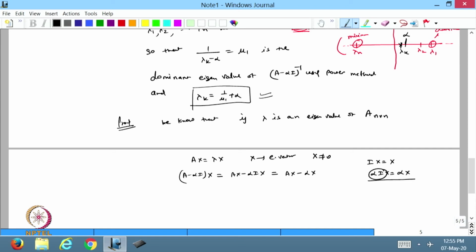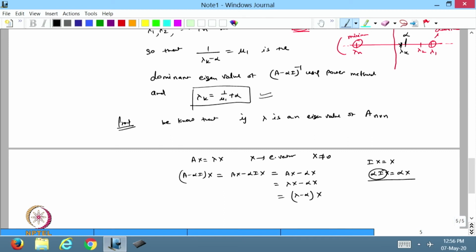The constant matrix alpha I has the eigenvalue alpha. So, I can write A x is equal to lambda x and minus alpha x is equal to alpha x.